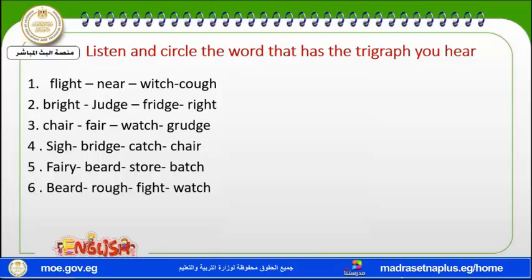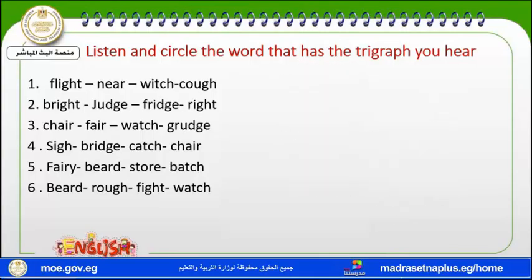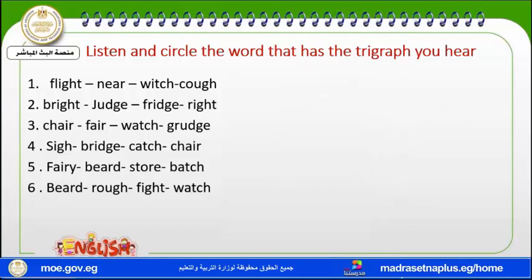The second one, bright, judge, fridge, right. The third group, chair, fair, watch, grudge, sigh, bridge, catch, chair, ferry, bird, store, patch, rough, fight, watch.